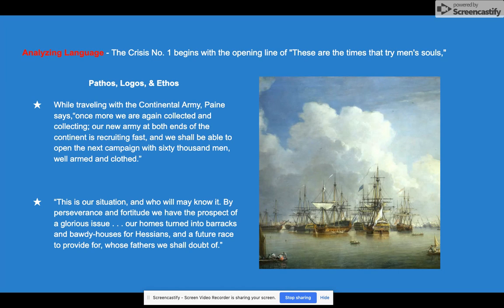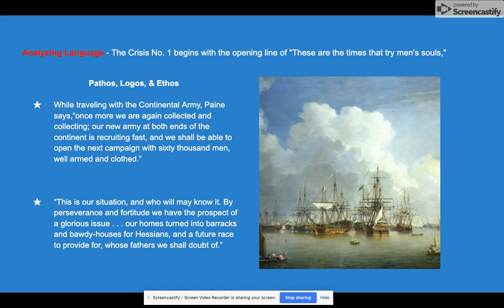Is this a logical appeal? Or is this an appeal to the author's credibility or experience? That first opening line, "These are times that try men's souls," is an example, in my opinion, of pathos, which is an emotional appeal, because it associates the fact that these are difficult times and he's relating to that experience of living in those difficult times.